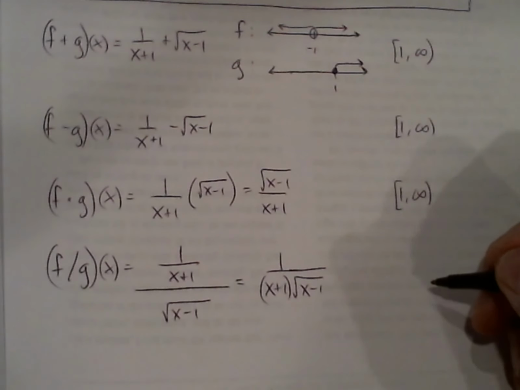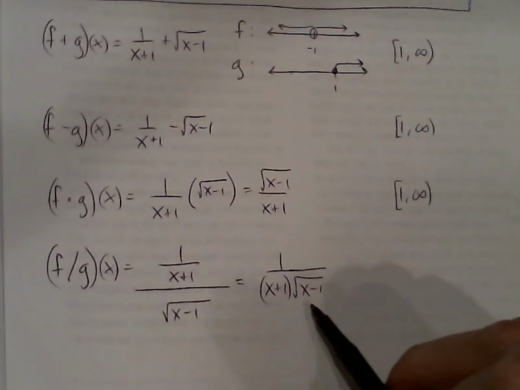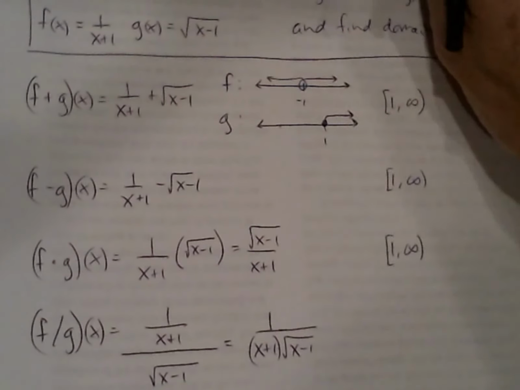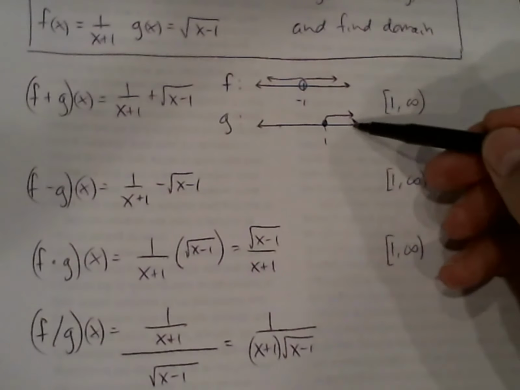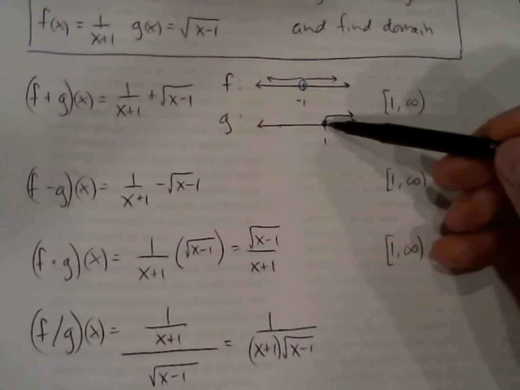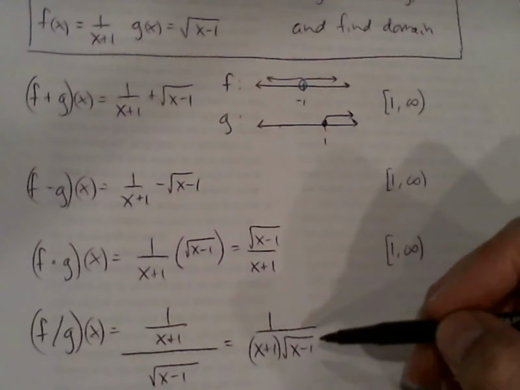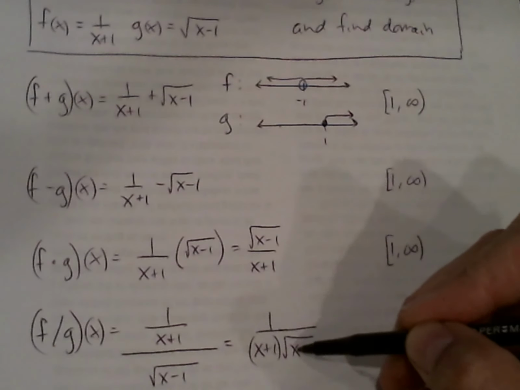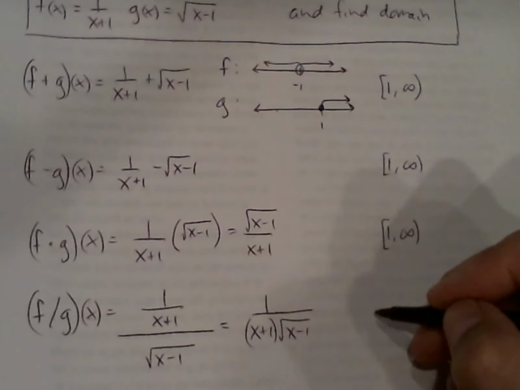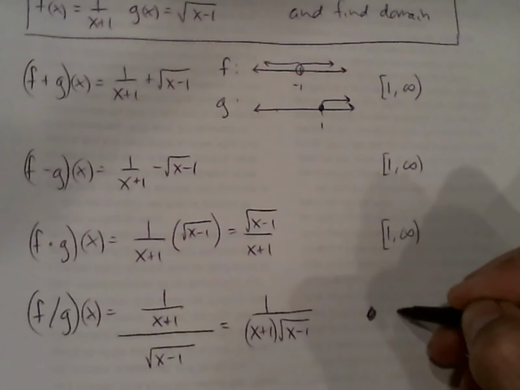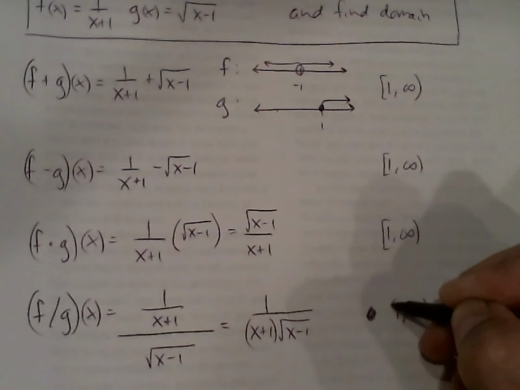And now we need to be careful about something that makes this 0. We can't have a -1, but here we can't have a 1 anymore. So looking at the domain of the radical of G, if we just look at the radical, 1 is okay, but if we have a radical in the denominator, then this can't be a 1 anymore. So we're going to go from 1 to infinity, but we don't include 1.